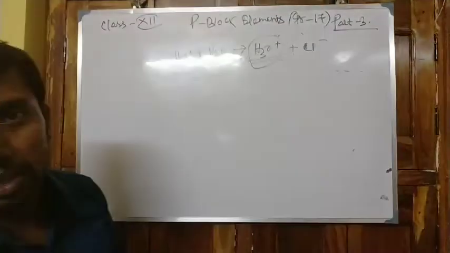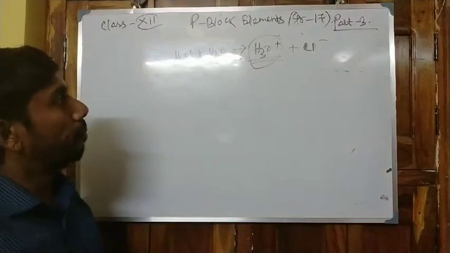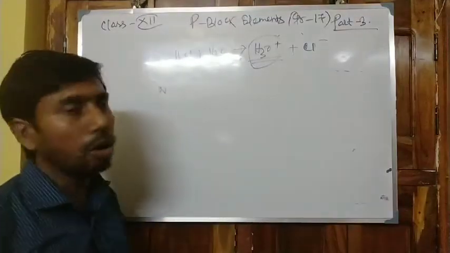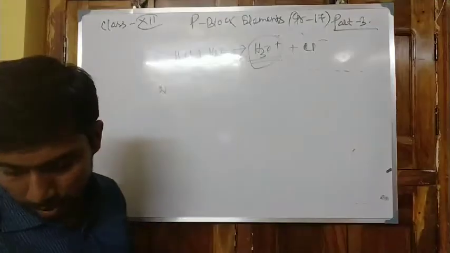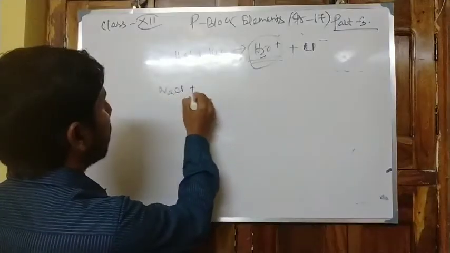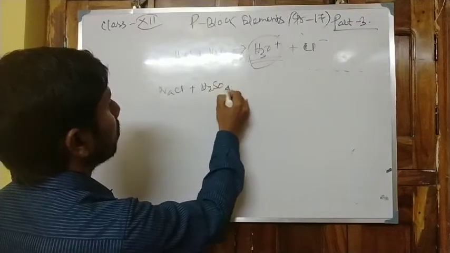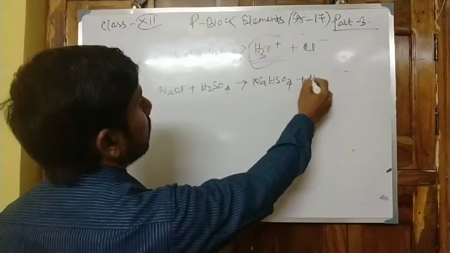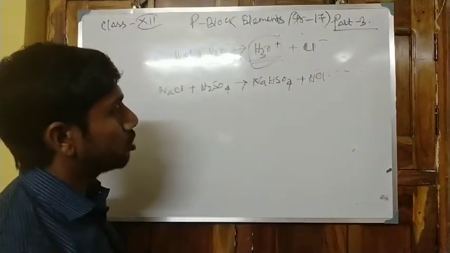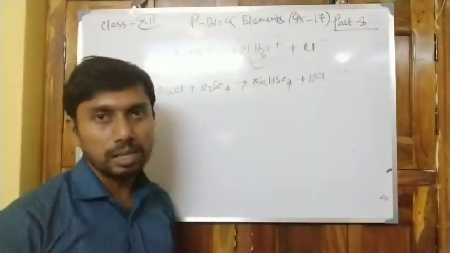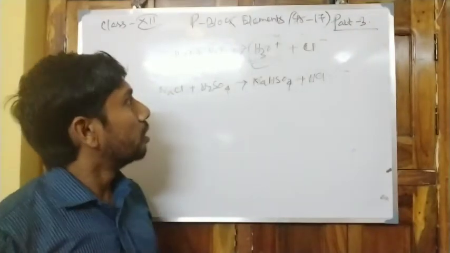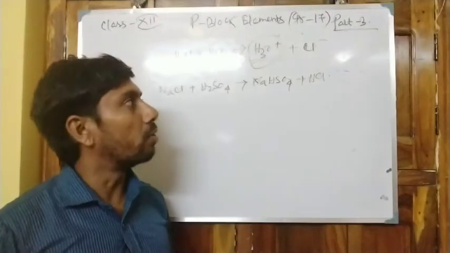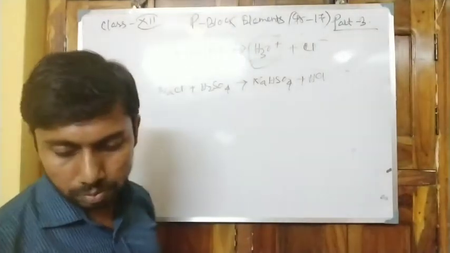Next, the preparation of HCl: NaCl plus H2SO4 gives NaHSO4 plus HCl. Now here HCl and H2O act according to the Bronsted-Lowry acid-base concept.